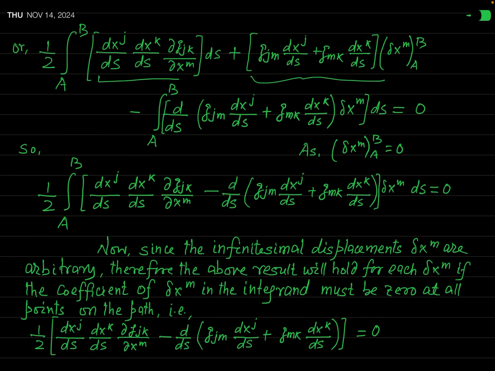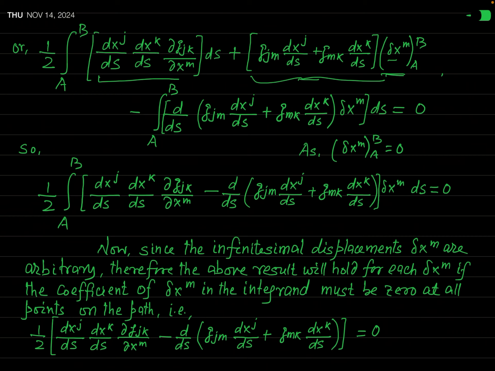When you say a and b, it means you are talking about the value. So you can see here, this is your first function, and this is the integral of the second function, and limits are a and b. When you say a, it refers to the value of delta x_m at a, and b refers to the value of delta x_m at b.